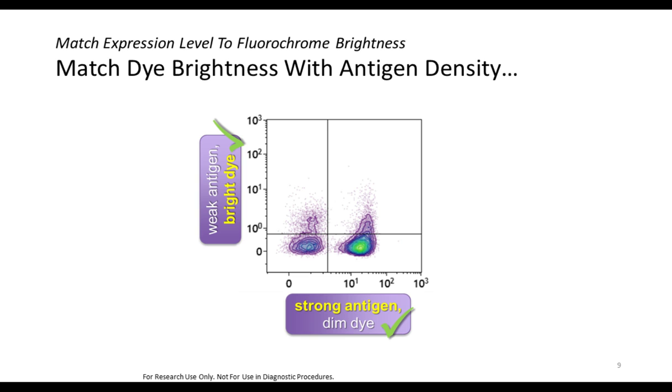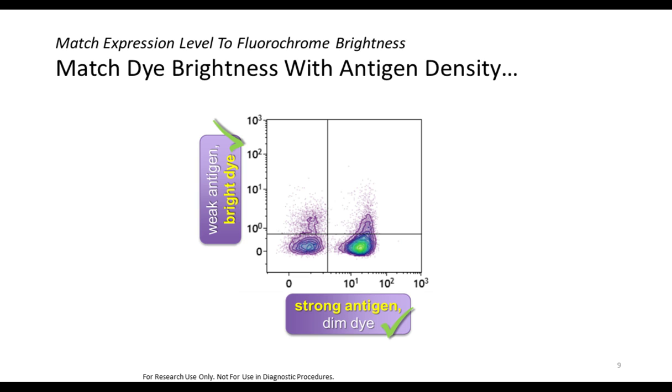Just a real-life example here. Again, we see a CD4 stain on the x-axis. It's well separated, so there is not a lot of distance, but we can clearly understand what the CD4 positive population is. And without any spreading into the y-axis, we can see the expression of a very dimly or very weakly expressed antigen.